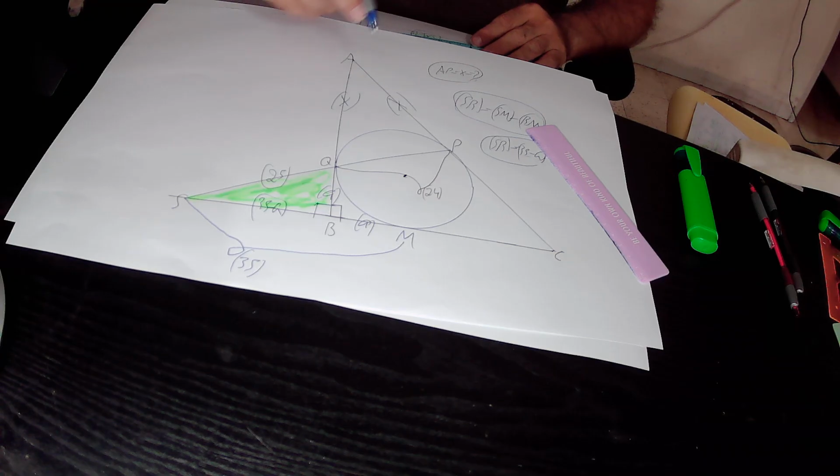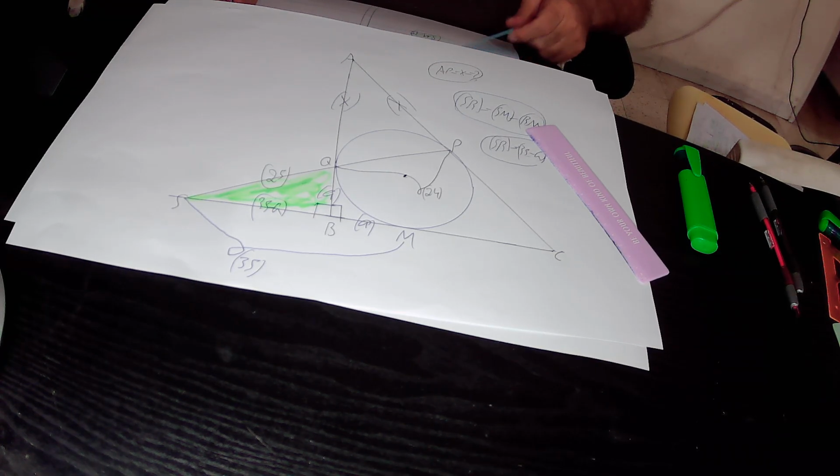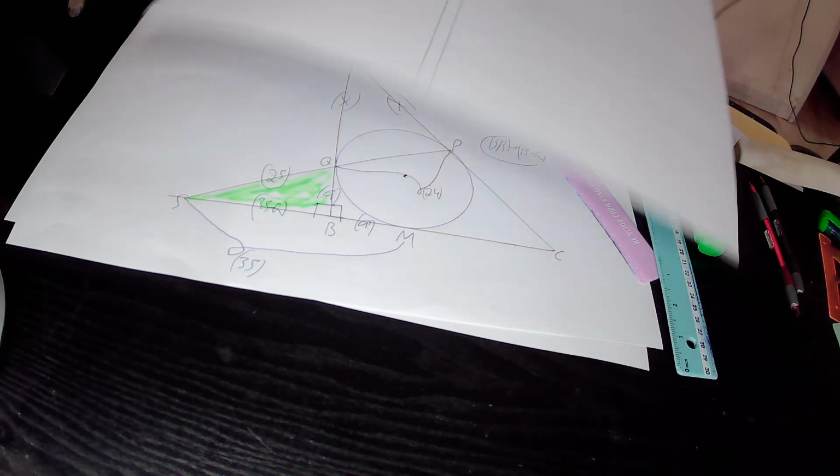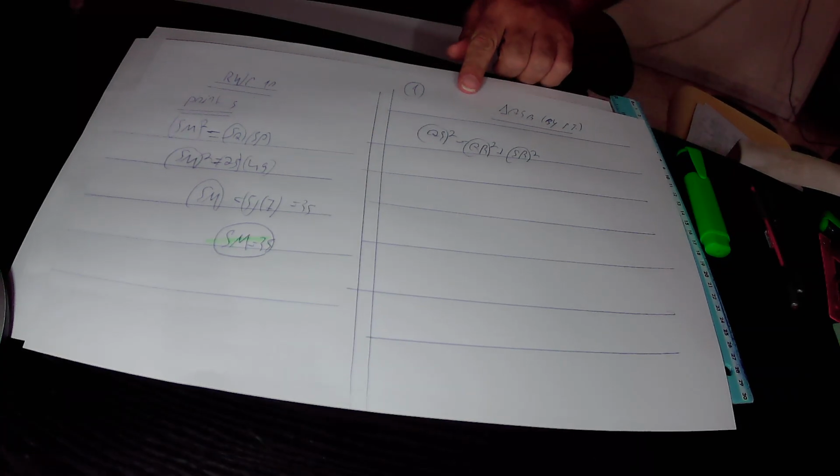So according to the Pythagoras theorem, in the right triangle QSB, QS squared, that is the square of the hypotenuse, is equal to QB squared plus SB squared.